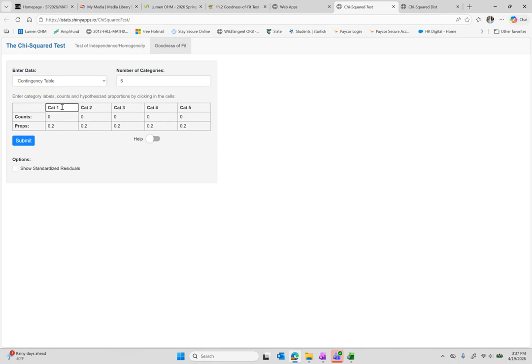Category 1 will be 0 TVs. Category 2 would be 1 TV. Category 3 will be 2 TVs. Category 4 will be 3 TVs. And category 5 will be 4 plus TVs.